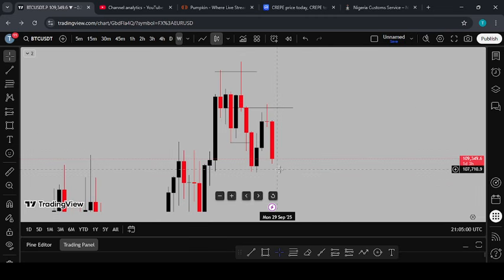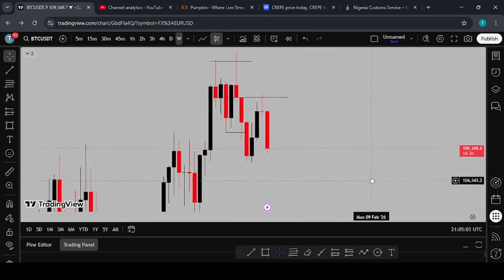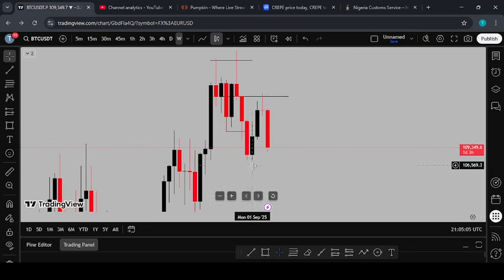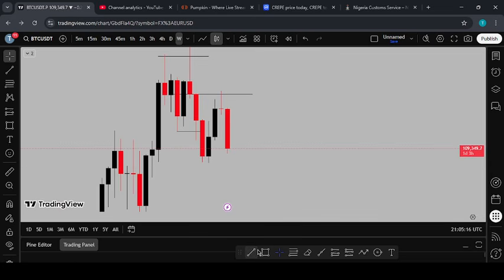Market immediately switched to bearish, and we have 1 day 3 hours for this candle to close. So if this candle closes like this, it will tell us that this is a very strong bearish pattern. You can see it right here.